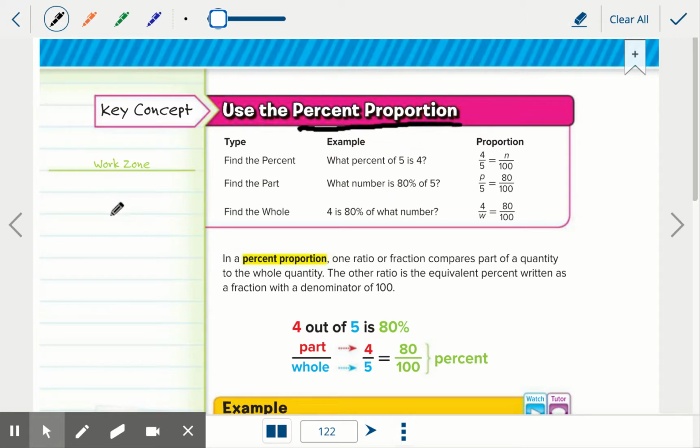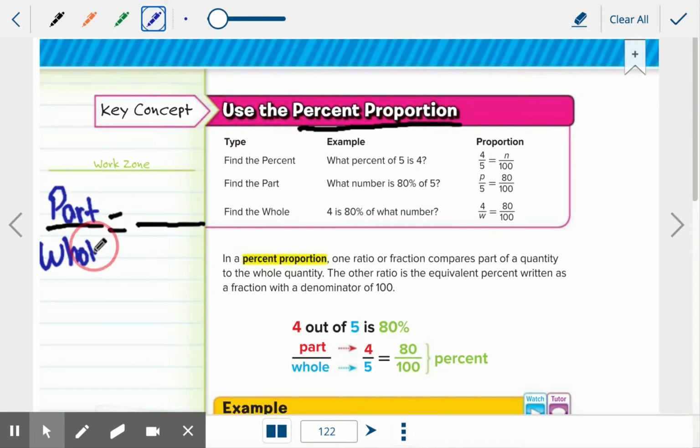So what this is, we're going to set up a proportion with two equal fractions. And so off to the side, I want you to write this. And it is actually here, but we're going to learn better by writing it as well. And what we learn is that the percent proportion that we're going to make is that we will always set the part over the whole and put it equal to the percent over 100.